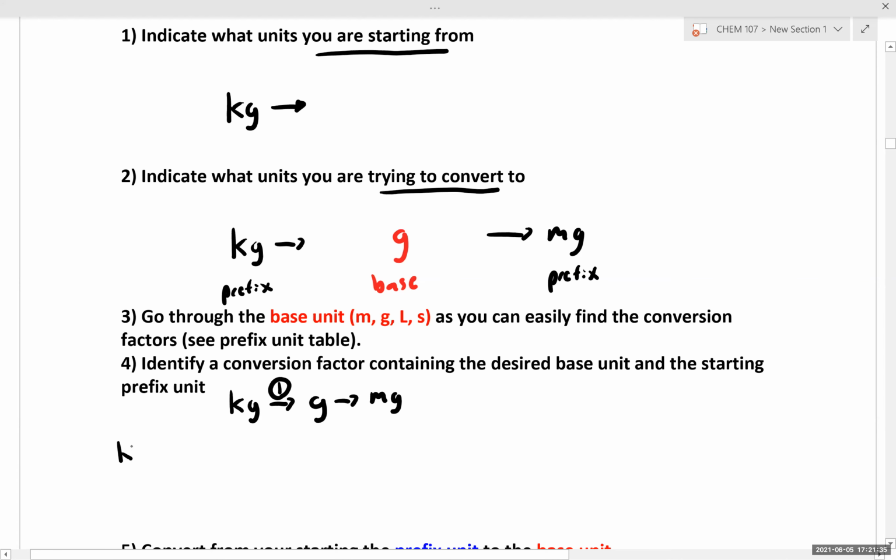If I want to go from kilograms to grams, we need to identify a conversion factor containing the desired base unit and the starting prefix unit. Okay, so we know that 1 kilogram, from our table, kilo corresponds to 10 to the third gram.